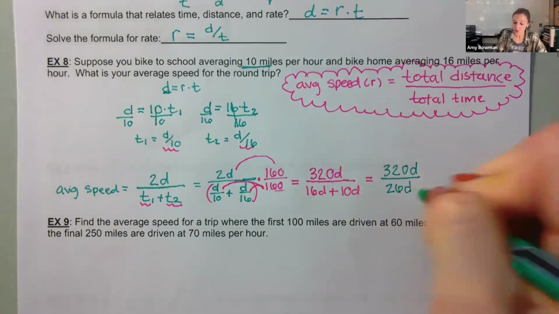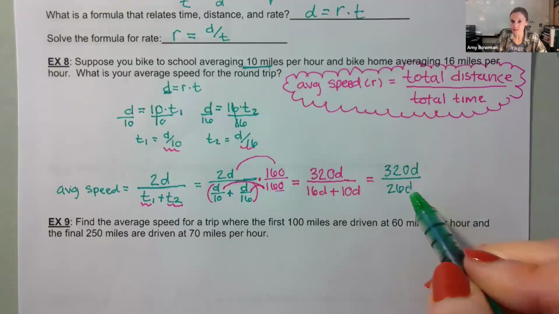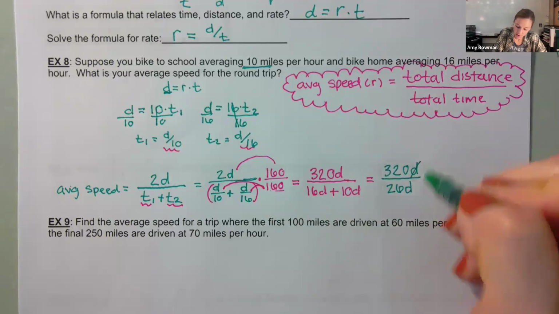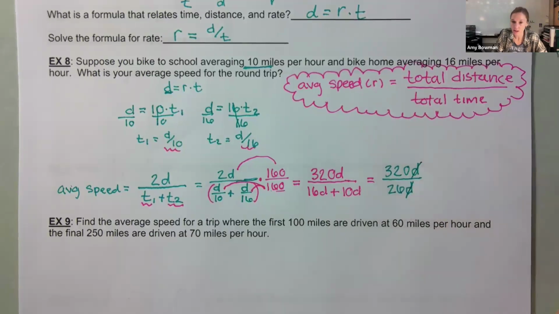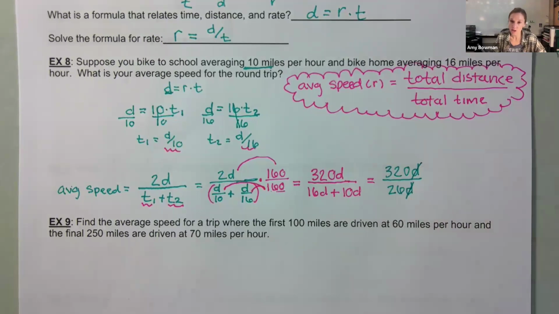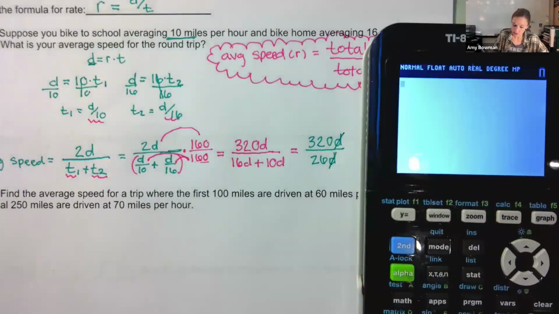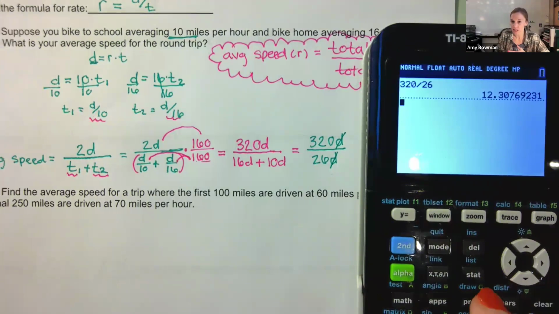And now, even though we still don't know what that distance traveled to and from school is, it doesn't matter because they are factors in the numerator and denominator, so we can cancel them out. And we are left with a value of 320 divided by 26. So about 12.3. Don't forget, we are finding average speed.